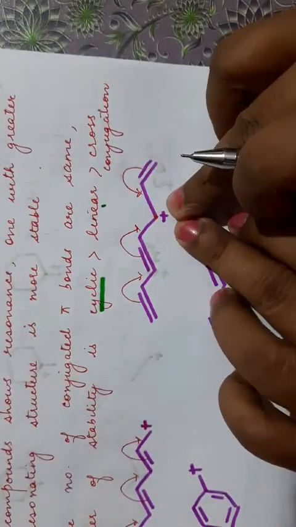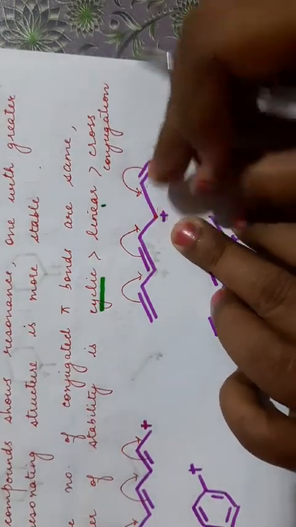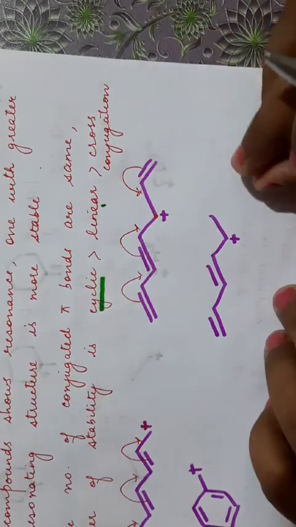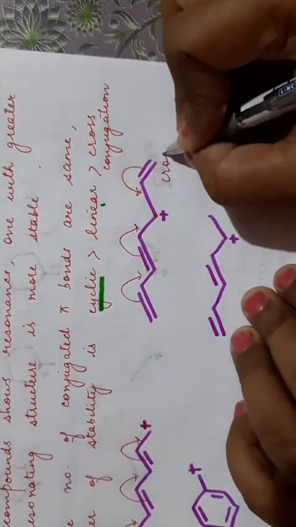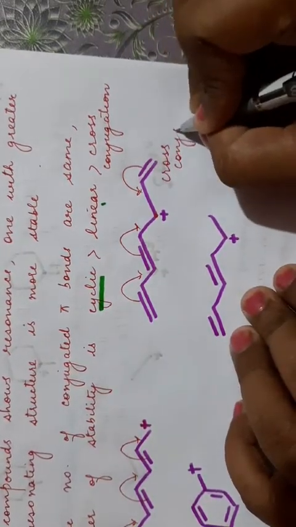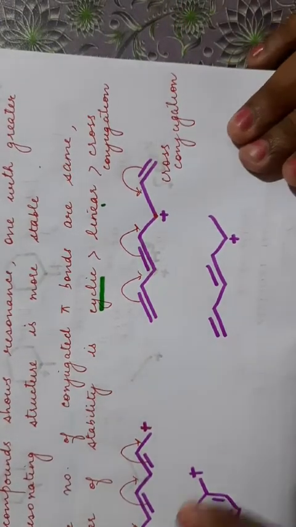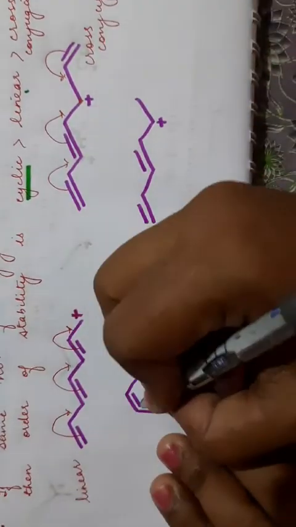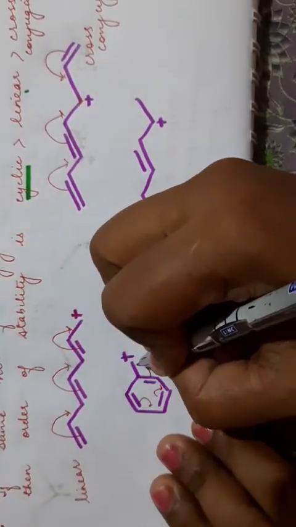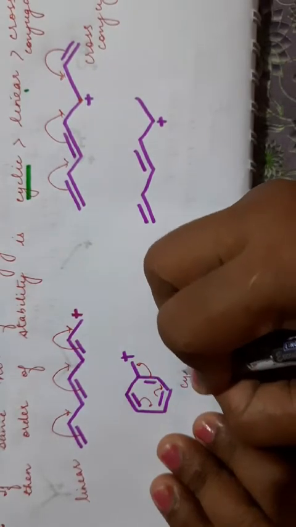Now at a particular point, if the resonance is taking place from 2 opposite directions, then it is known as cross conjugation, and cross conjugation is slightly less stable as compared to cyclic or linear conjugation. So here cross conjugation is taking place. Here there will be a cyclic conjugation in a cycle.